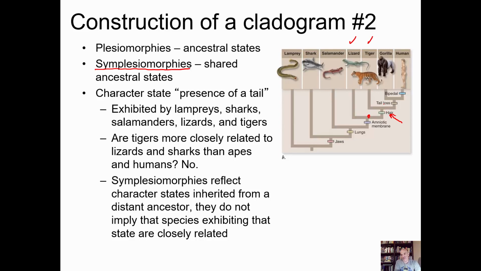Hair evolves later in the mammals, so just because you have a tail, you're not closely related. The tiger is more closely related to those tailless mammals called apes and humans. So we want to be careful with symplesiomorphies, which are shared ancestral characters. We don't want to confuse them for implying a close evolutionary relationship.